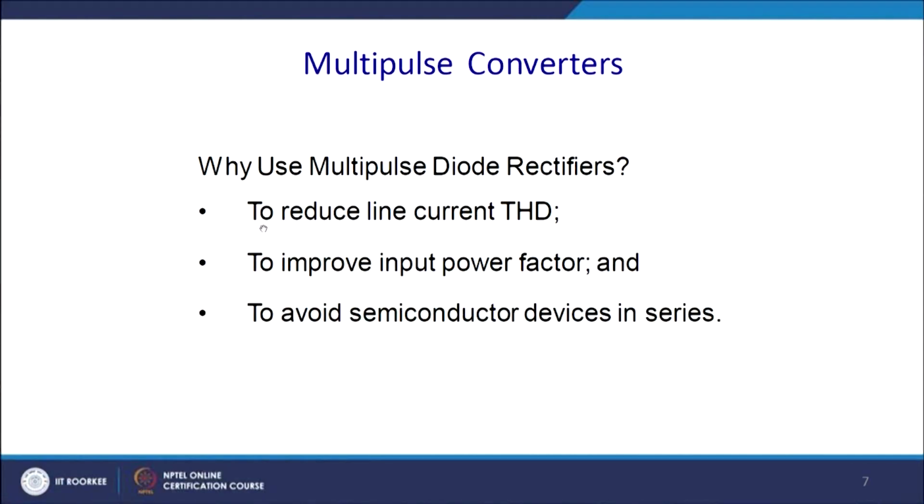Considering that, we can use a multiple diode based rectifier, which is the simplest because you do not require a triggering circuit, and thus we can reduce the THD and other parameters which are conflicting in AC to DC conversion. So, we have to keep in mind to reduce the line THD, to improve the input power factor and to avoid semiconductor devices in series to have a higher rating.